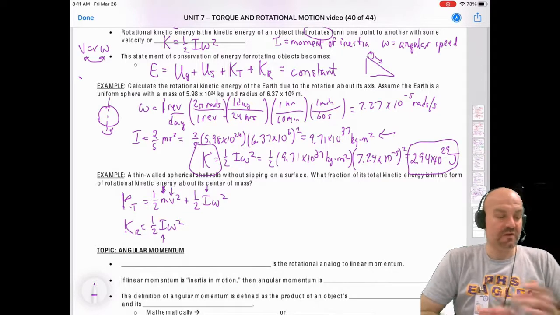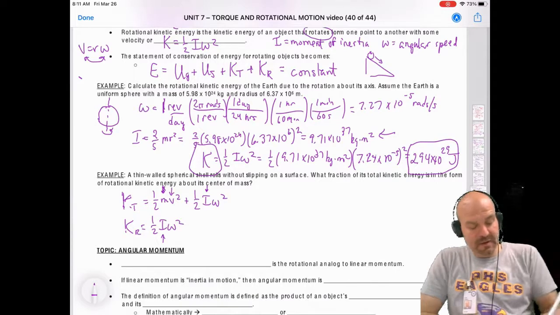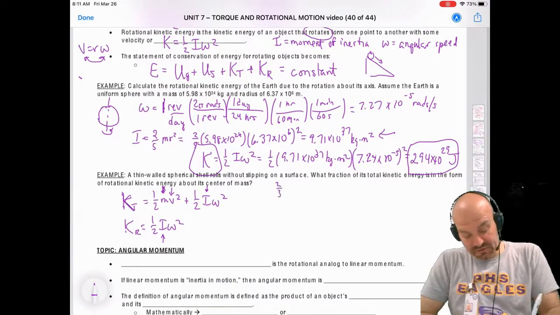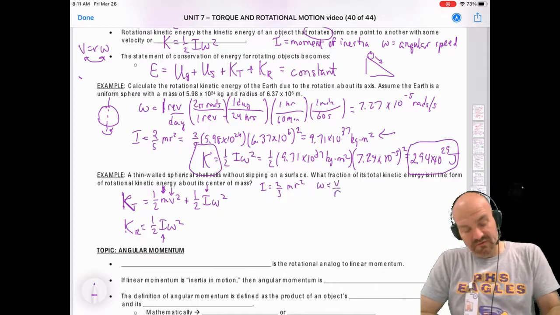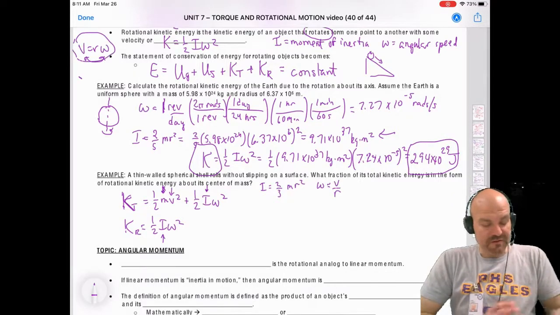So we're going to get these all in terms of omega and all in terms of mass, right? And so for a hollow sphere, I is going to be 2/3 mr squared, and we know omega is going to be v over r from this right here. Okay, and so I'm going to substitute all this in.